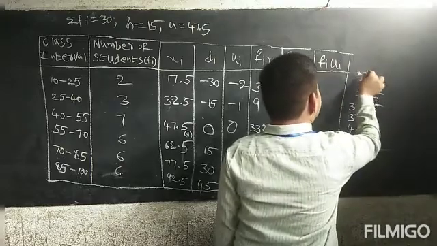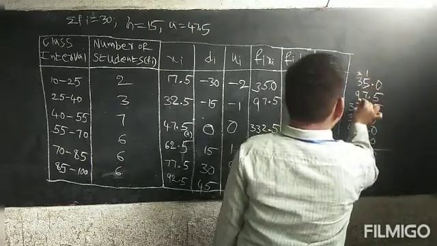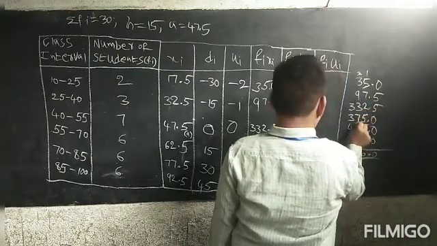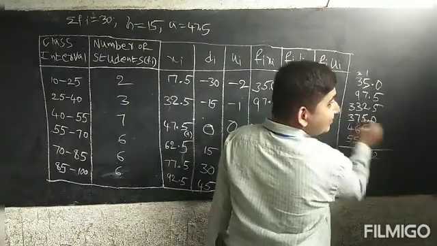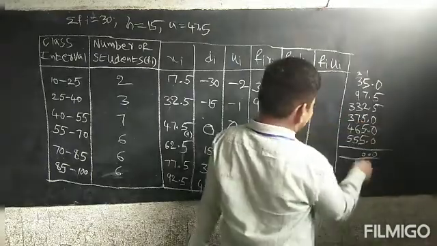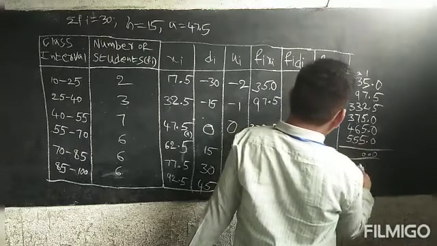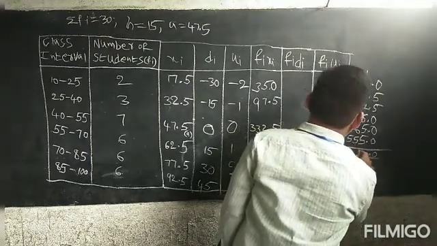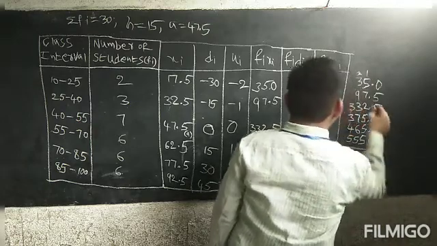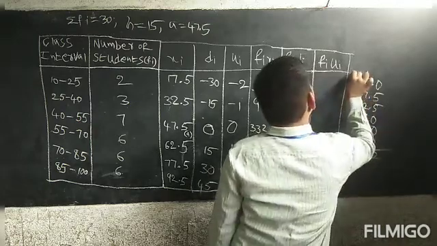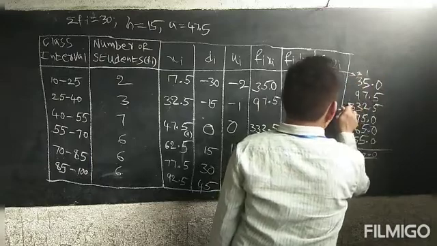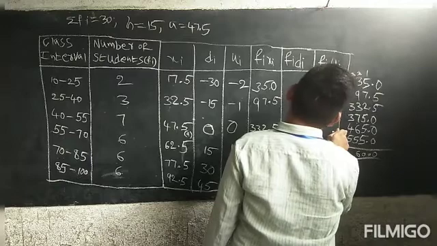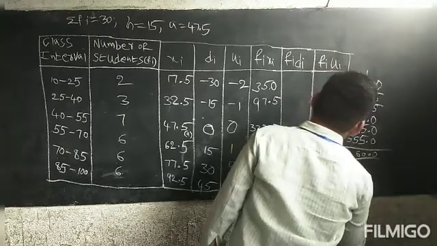Okay, now 3 plus 3, 6, 9, 15, 18. 18 plus 7, 25. 25 plus 6, 31. 31 plus 5, 36. Now 3 plus 3, 6. 6 plus 3, 9. 9 plus 4, 13. 13 plus 5, 18.